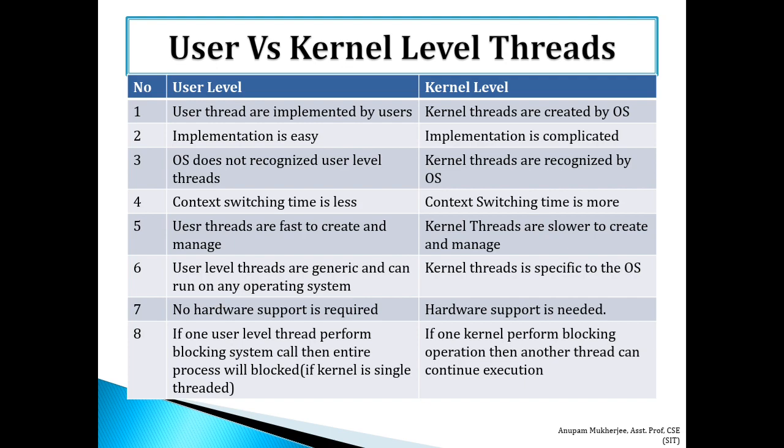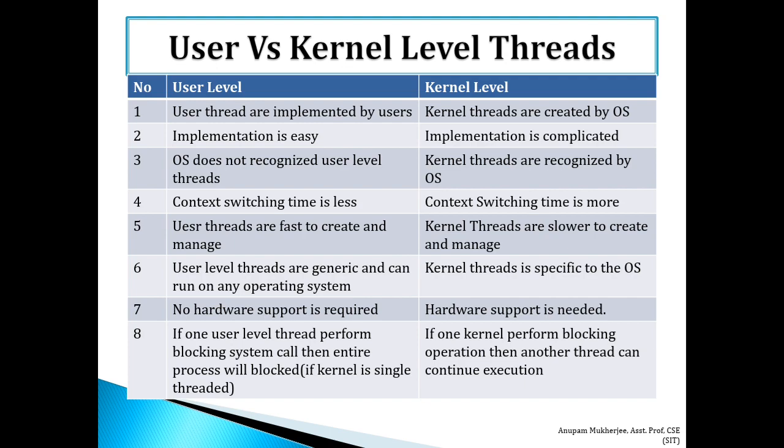The second point: user level thread implementation is much easier than kernel level thread, so kernel level thread is much more complicated. Third point: the operating system does not recognize user threads, but kernel level threads are recognized by the operating system.